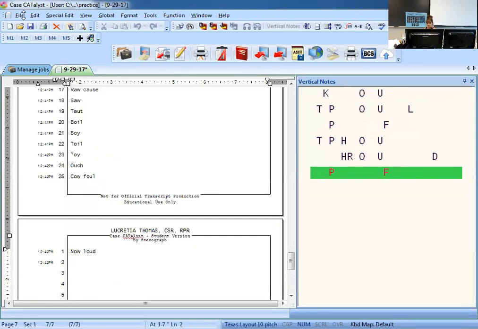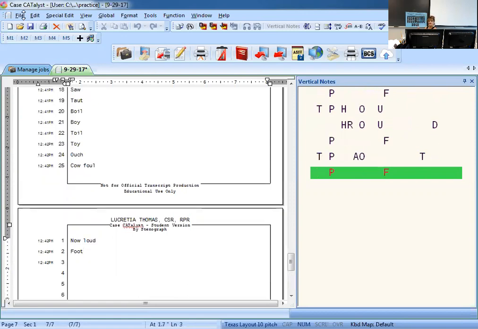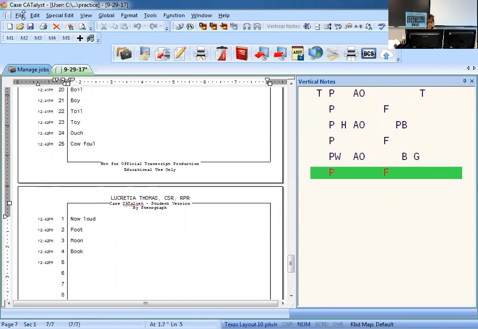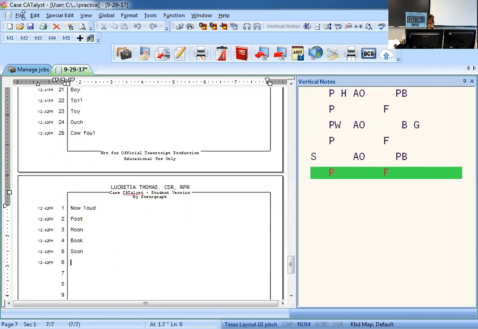Oo words, so anytime you have a double O, you're going to stroke A-O, anytime. So we've got foot has two O's, so it's F-A-O-T. A-O equals O-O. Moon, M-A-O-N. Book, B-A-O-K. Soon, S-A-O-N, soon, okay?